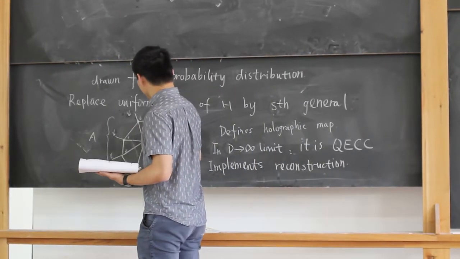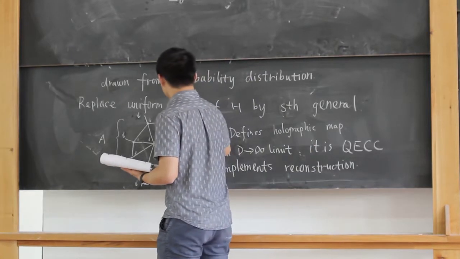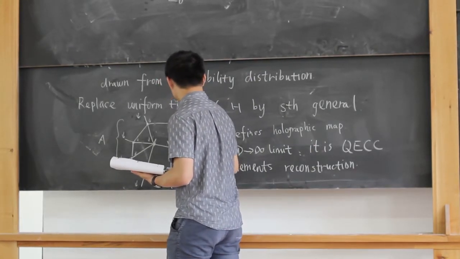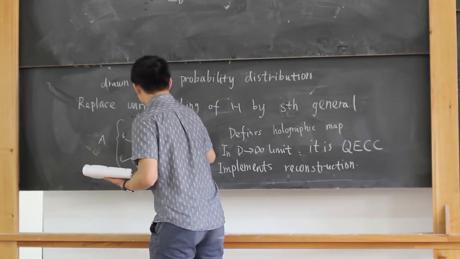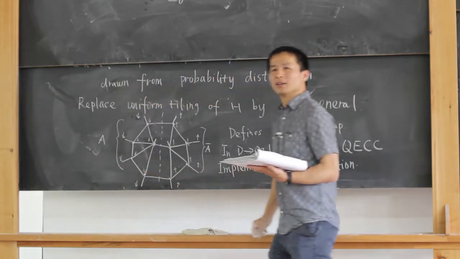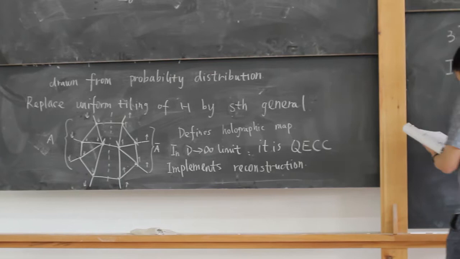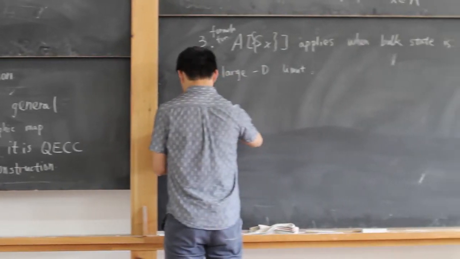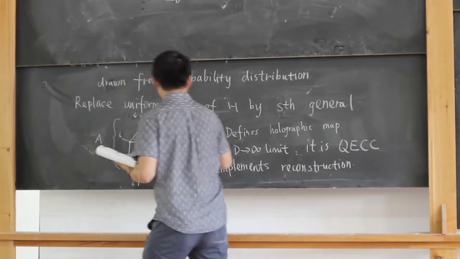Each of the left vertices will be down, and each of the right vertices of the graph will be up. And the domain wall is a cut in the middle. So let's define the domain wall as gamma A.